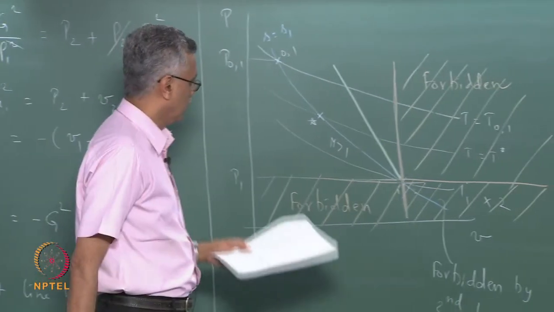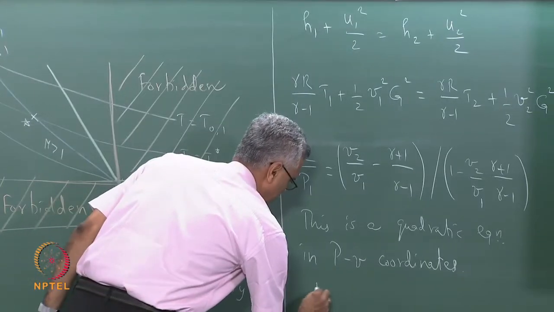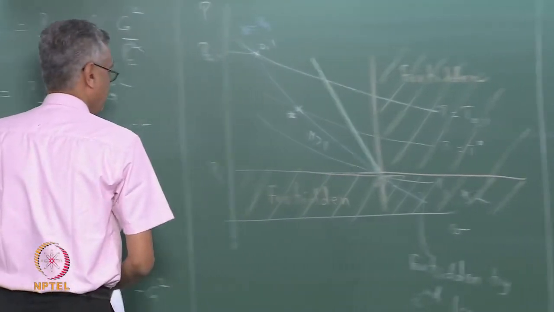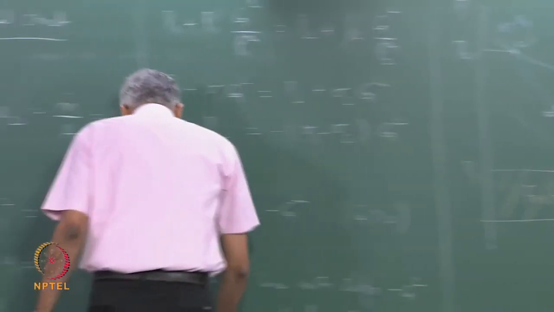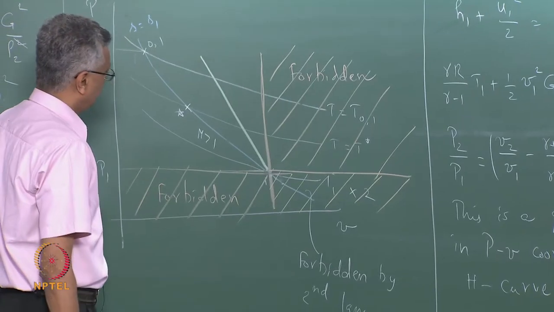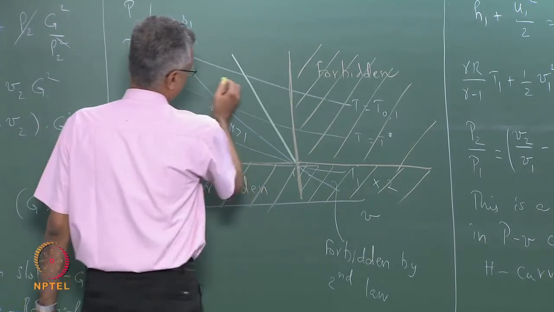So let us draw the quadratic and then see what this looks like. This quadratic is also called the H curve. I am going to try to draw the quadratic here, but if I am not successful, we will actually look at the figure. Okay.